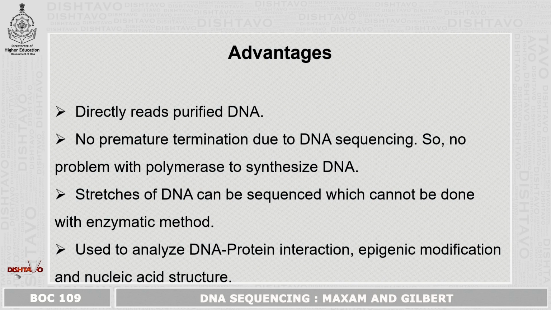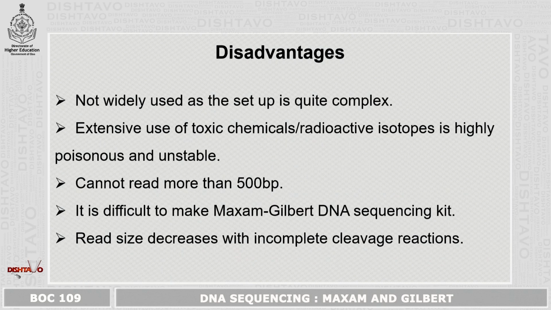Moreover, there is no premature termination, so no problem with a polymerase synthesizing DNA. Stretches of DNA can be sequenced which cannot be done with the enzymatic method. And it is also used, students, to analyze DNA-protein interaction, epigenetic modification, and nucleic acid structure. So, these are the advantages, students.